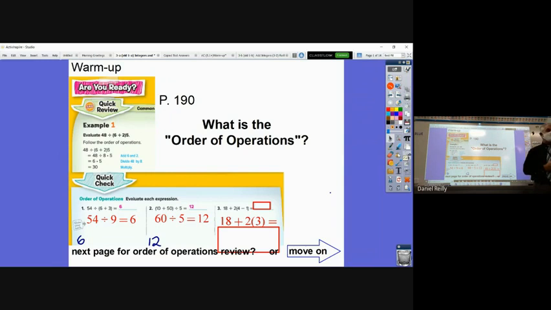Perry? 2 times 3. Multiply. I do not add 18 plus 2 just because it comes first. That's not the order of operations. I multiply 2 times 3 because you do multiplication and division before addition. So you get 18 plus 6, which is 24.